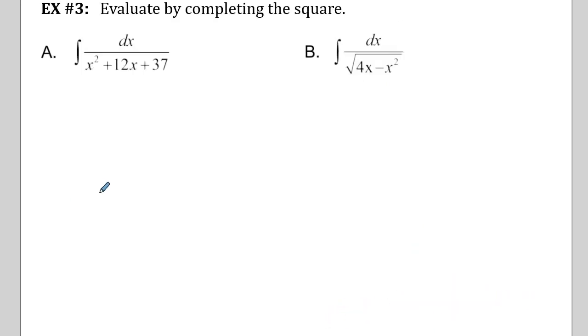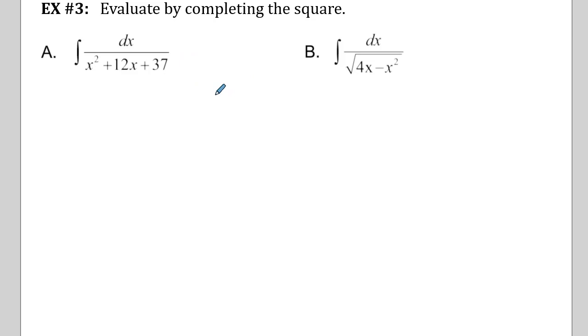Okay, now let's revisit completing the square. Here we have this problem, the integral of dx over x squared plus 12x plus 37. When we look at it, the only choice really for u would be what we have in the denominator, but we don't have that derivative present anywhere.